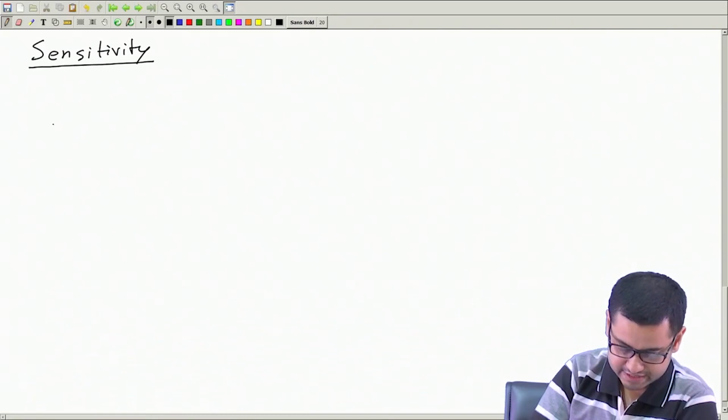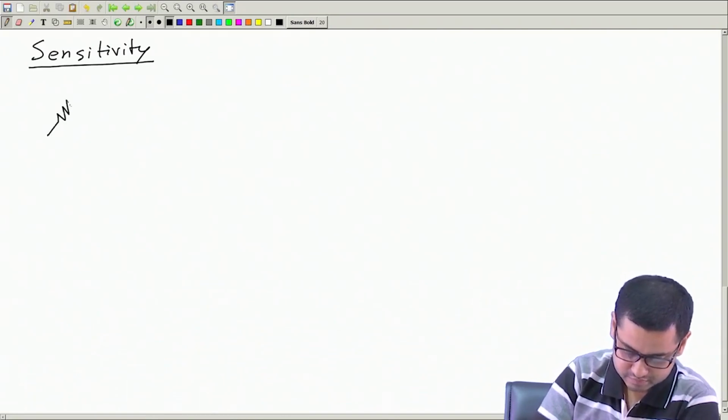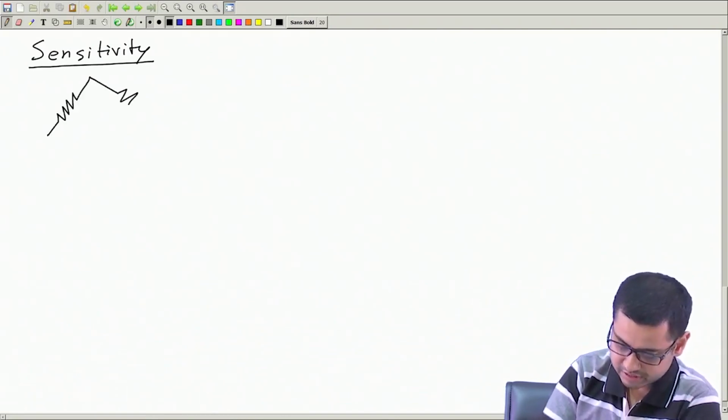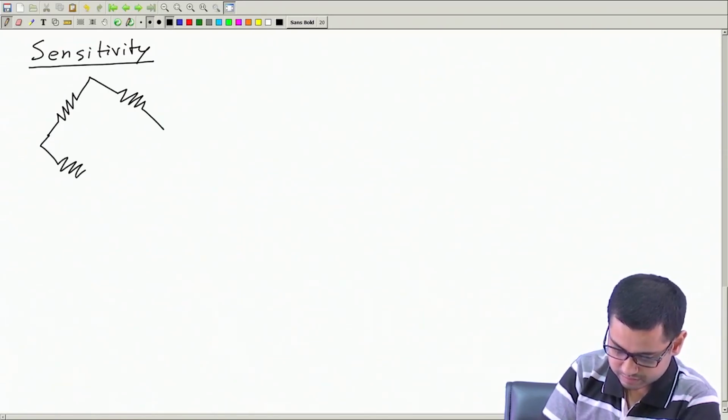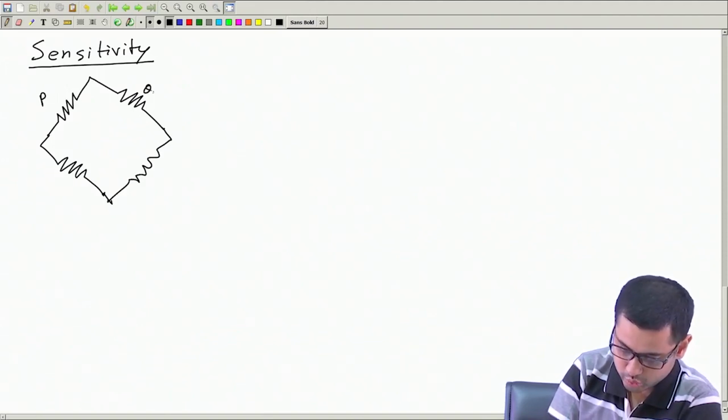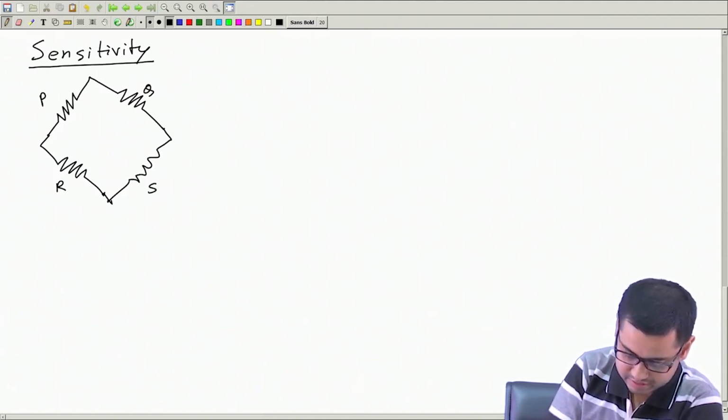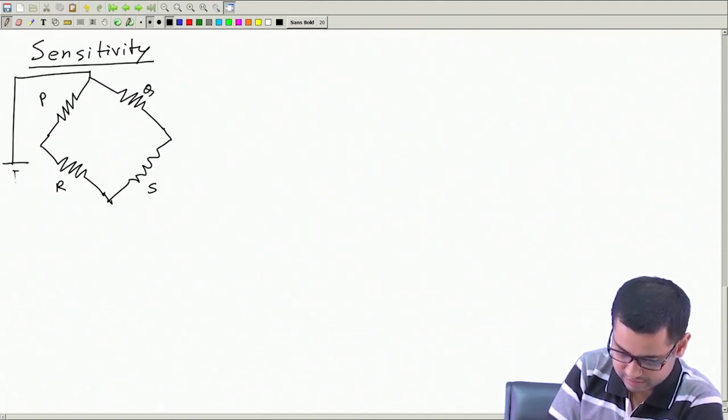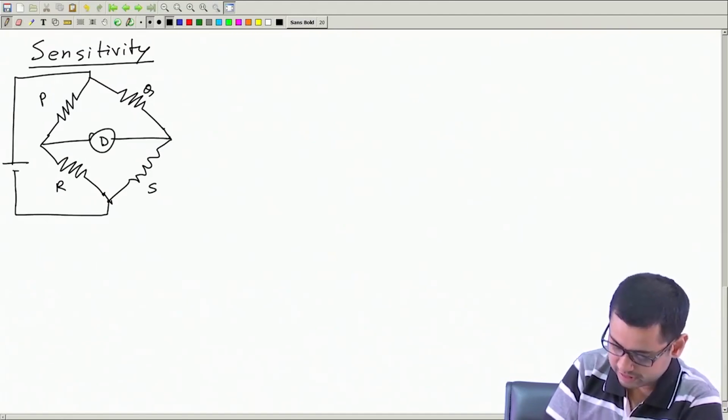So, what do we mean by sensitivity? This is the bridge, where we have say P, Q, R and S, and a detector.